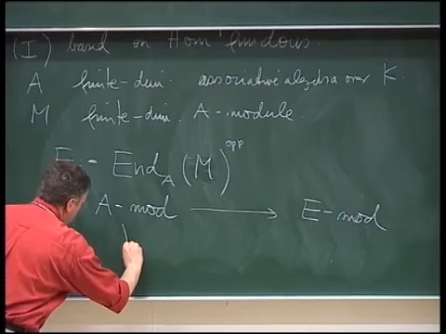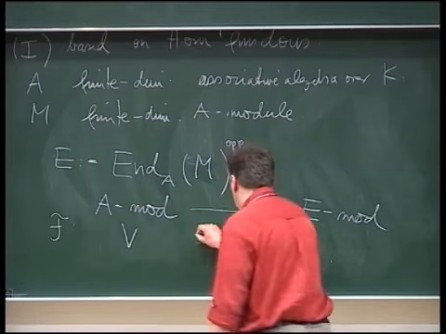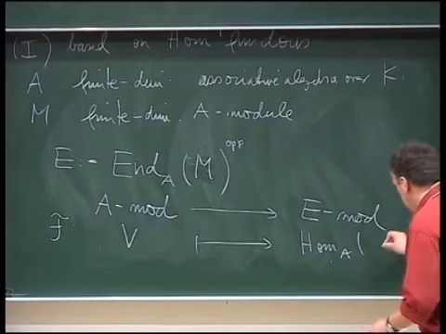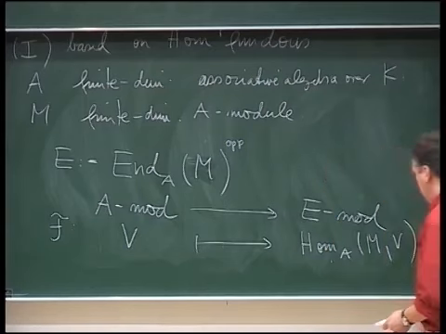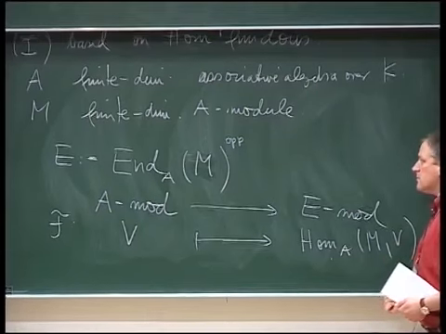Namely, if we take a module V for the algebra A, then I simply take Hom_A(M, V), and this becomes an E module.